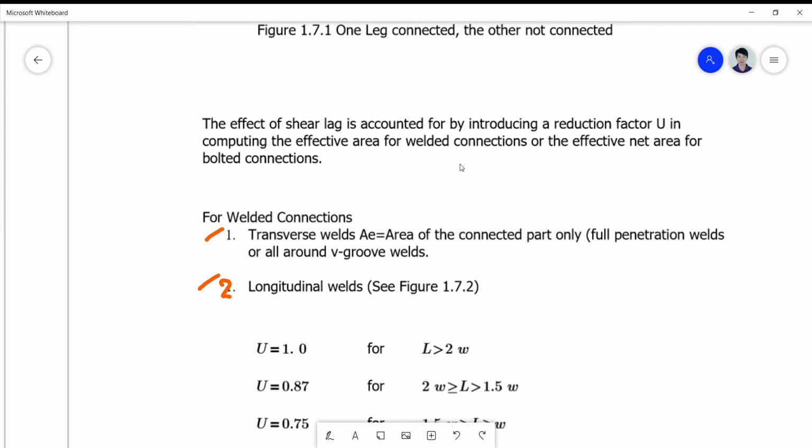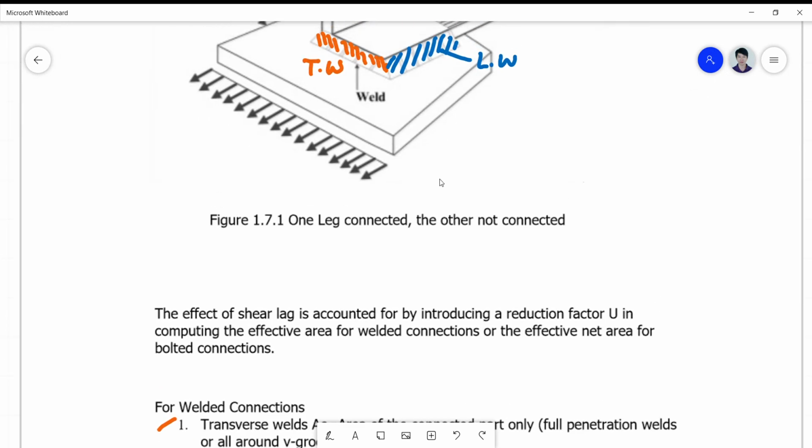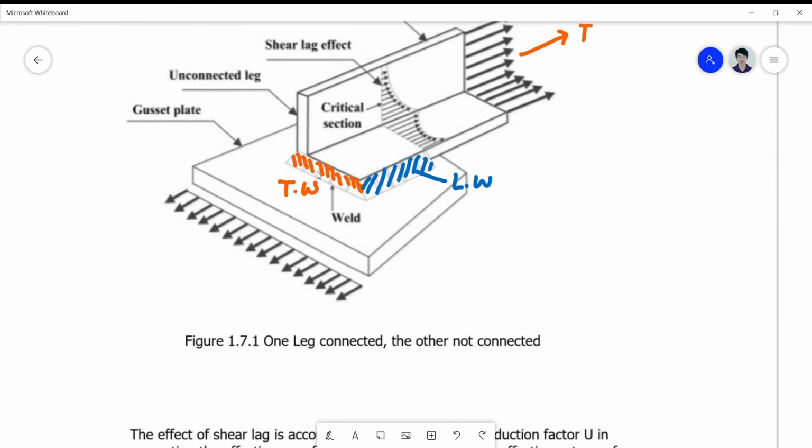Meaning to say, if I have a transverse weld only at this point, then whatever is the area of this leg considered in your design will be exactly the area of the section considered in the computation.